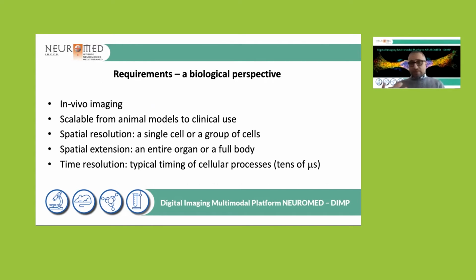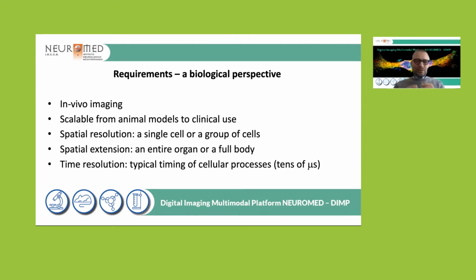The requirements from the biological perspective are quite strong. We would like to have in vivo imaging. In vivo means that all that should be done while these organs or these tissues or these cells are really alive, not in vitro, in vivo. Scalable from small animal to clinical use, so the full subject. Spatial resolution, single cells or group of cells, so tens of micrometers, yeah?